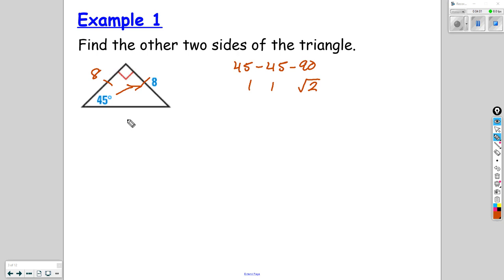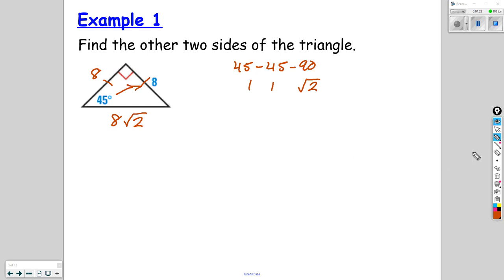And then to find the hypotenuse, we just multiply that leg by root 2, so we get 8 root 2. Pretty simple. One good thing about these special right triangle ratios is, we can use Pythagorean theorem to find these lengths, and that's how we get these ratios to work every single time.